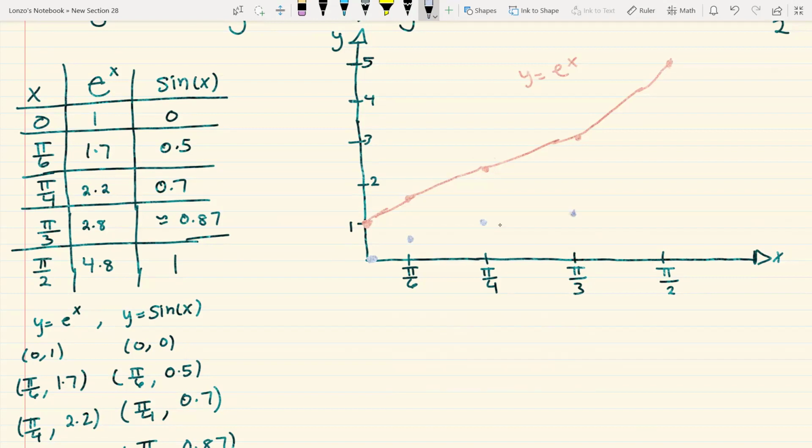And then 5/2 is 1. Okay, so if you connect the dots, this is y equals sin of x.